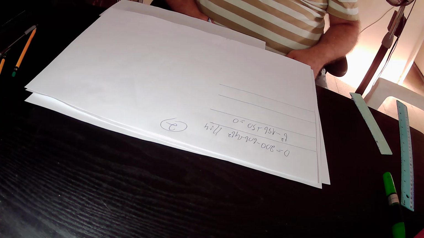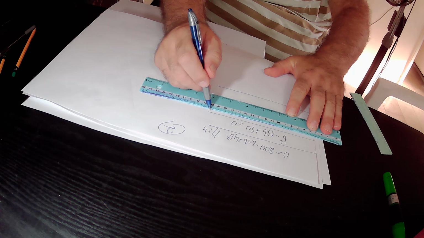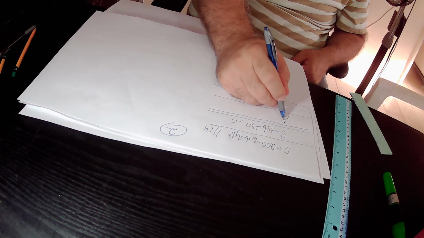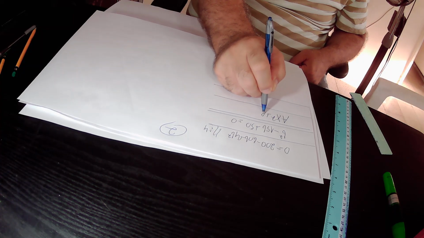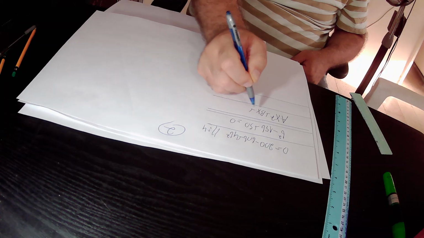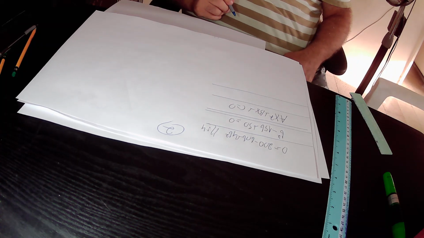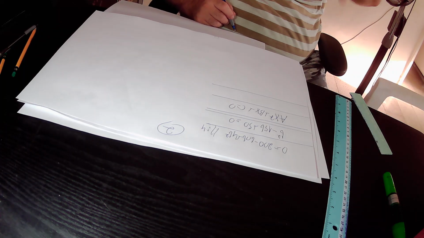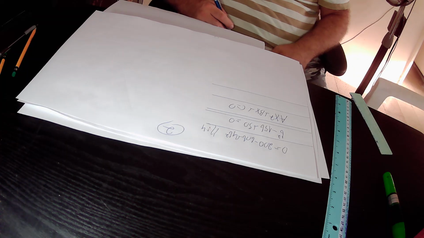The general form of a quadratic equation is ax squared plus bx plus c equals 0. In this general form, capital A, capital B, and capital C are the coefficients of the quadratic equation, and x is the variable that we are looking for.